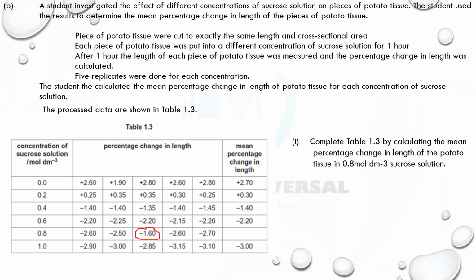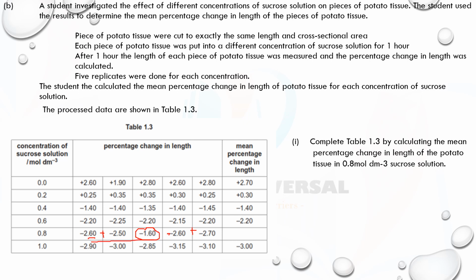So we can use the rest to calculate our mean. Our mean will be this plus that, plus this. That is minus 2.60 plus minus 2.50 plus minus 2.60 plus minus 2.70, all of them divided by 4.